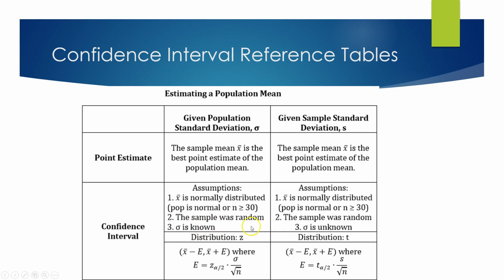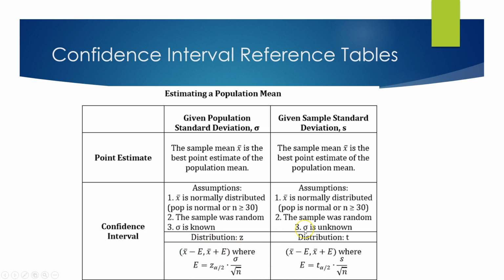The third item here is just basically asking you what kind of standard deviation you have. So remember, sigma is the population standard deviation. So if you know sigma, then you're going to use the z distribution, which is the regular old bell curve, and these formulas for finding a confidence interval.